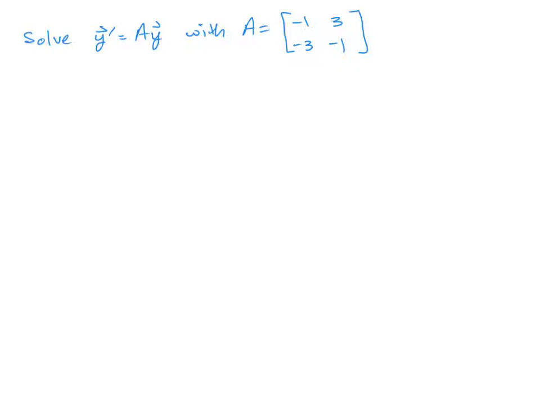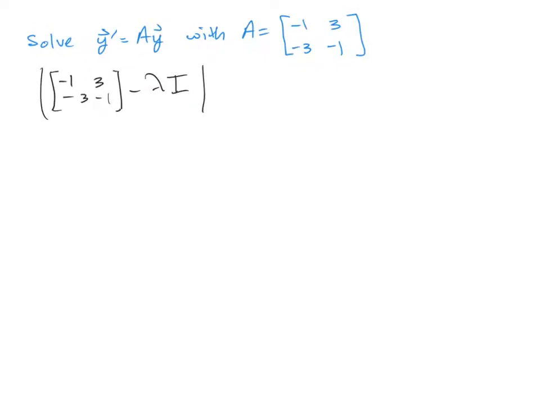And once again, that comes down to us first taking the determinant of A minus lambda I. In doing so, we're going to go through and subtract lambda off the main diagonal. And again, we're setting this determinant equal to 0.